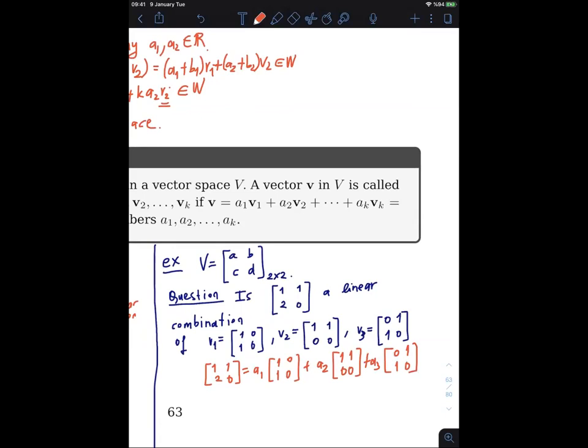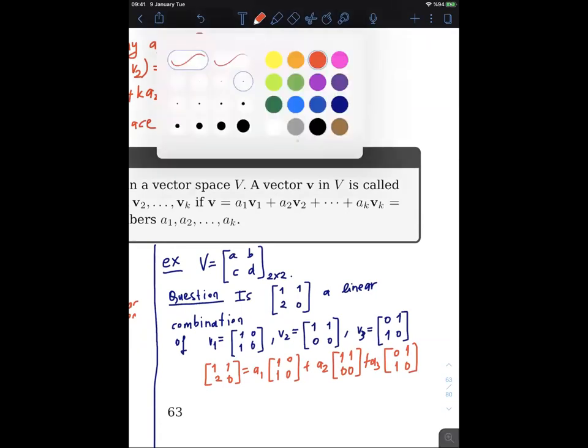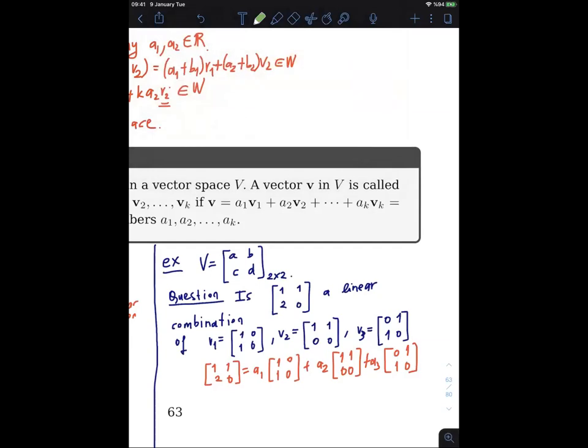V1 plus V3. Is it V1 plus V3? Wow, you're right. Let's look at the result here.